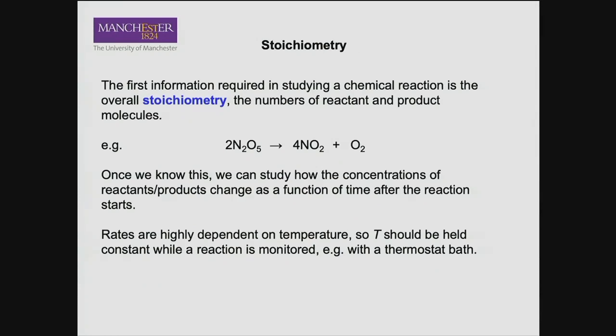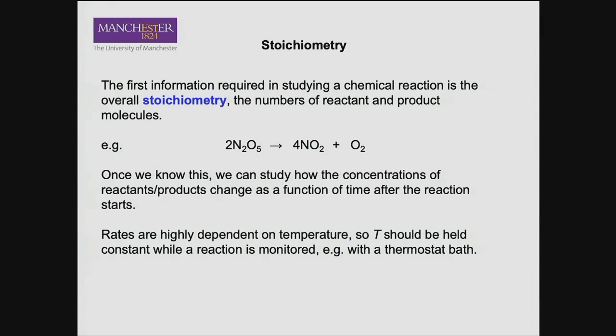Right, but let's focus on the chemicals for the moment. So one of the tricky things that you have to deal with in terms of all chemical reactions is stoichiometry. You have to write balanced equations, and therefore the stoichiometry matters.